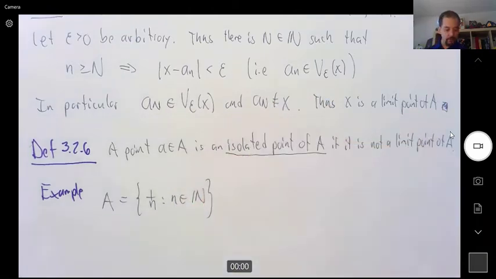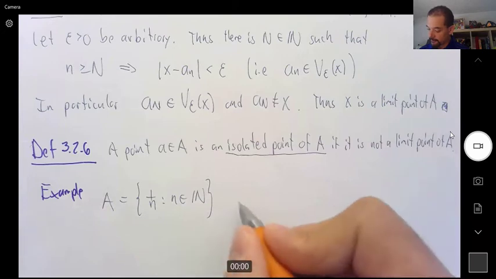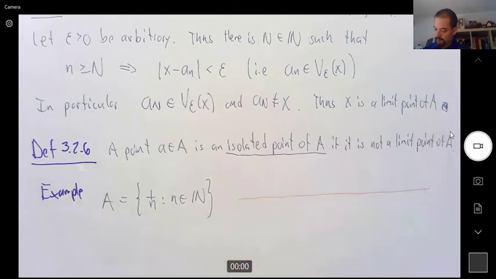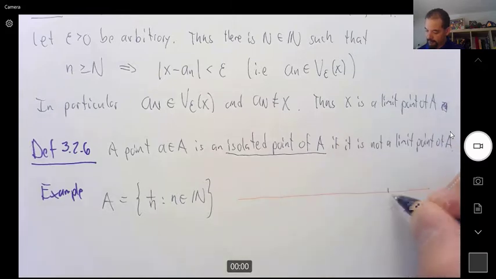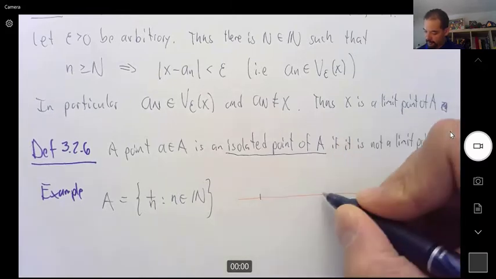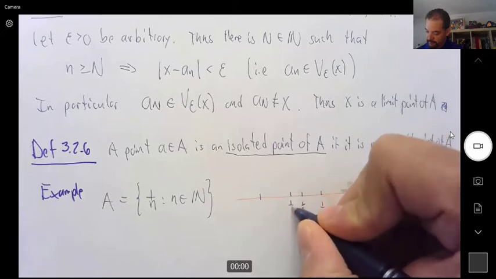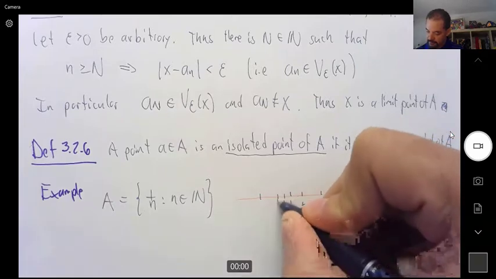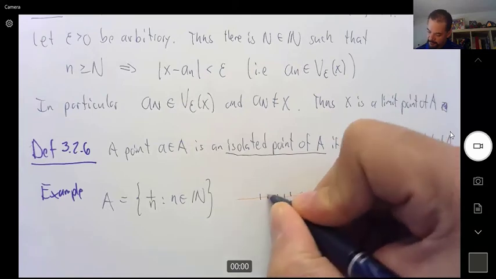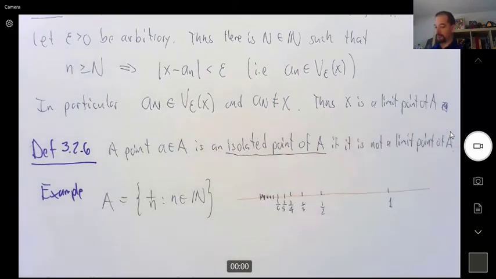If I were to draw it, it looks like this, right? So there's 1, and then there's 1/2, and then 1/3, and 1/4, 1/5, 1/6, etc. A bunch of points that get closer to 0, but 0 is not in there, right?